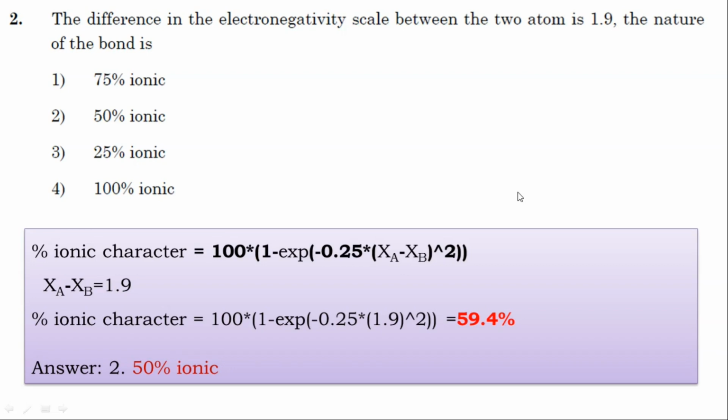Percentage ionic character is given as 100 into 1 minus exponential of minus 0.25 into (XA minus XB) squared, that is the difference in electronegativity squared. Here the difference in electronegativity is 1.9. So the percentage of ionic character is 59.4%, which is nearly equal to 50%. So the answer is 2.